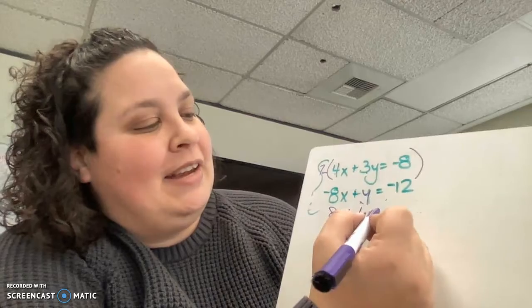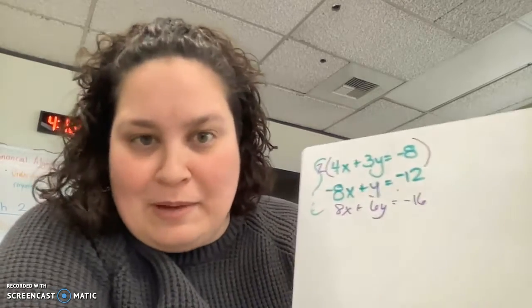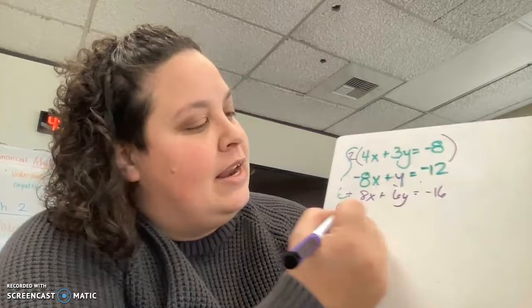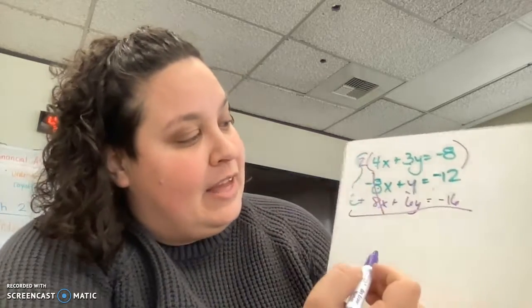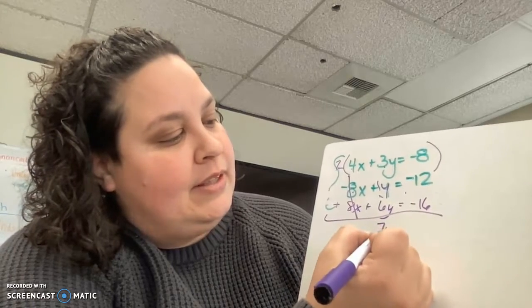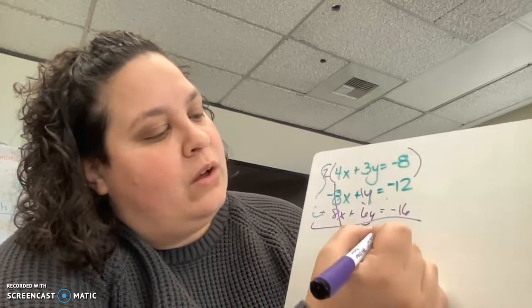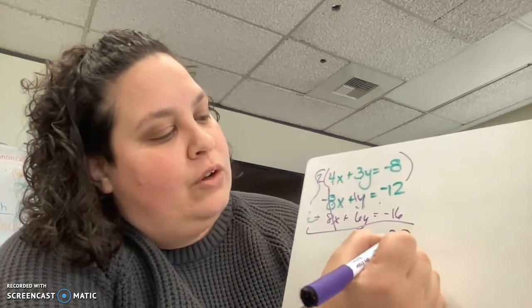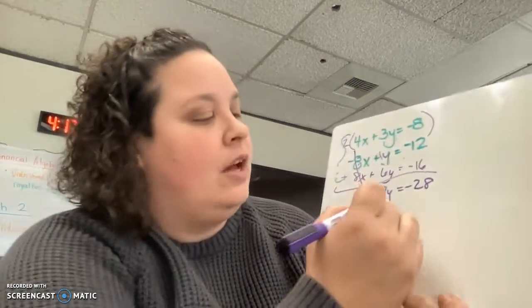And 2 times negative 8 is negative 16. Sorry, I was multiplying by 4 instead of 2. Now we're going to add those two equations. 8 and a negative 8 cancel out. 1y plus 6y is 7y. And negative 16 plus negative 12 is a negative 28. There we go. Now we have something we can solve.